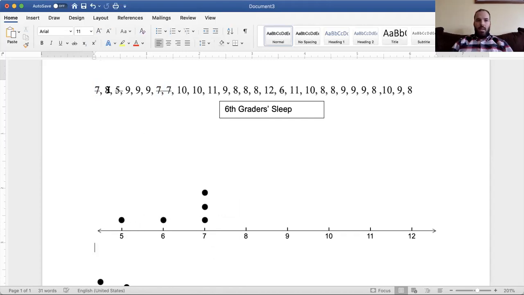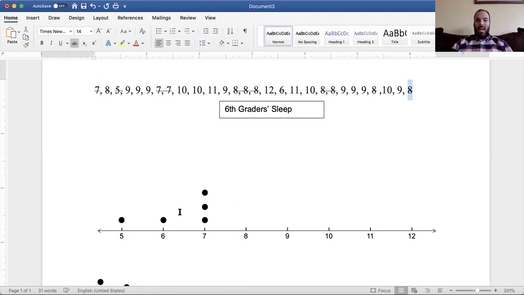Next, I'm looking at 8. There's 1, 2, 3, 4, 5, 6, 7, 8 different 8s.